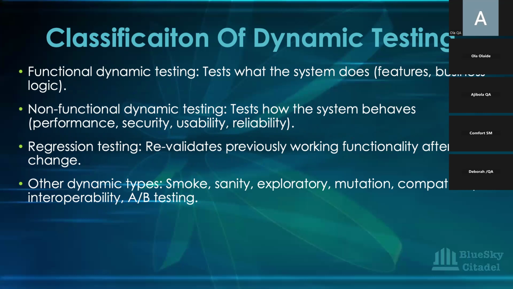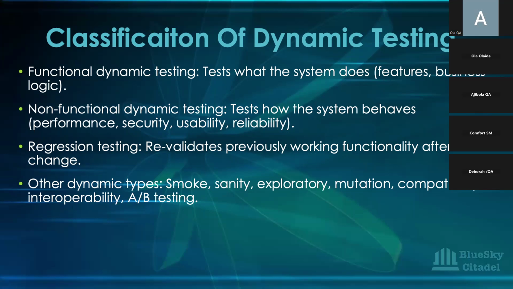The functional is what the system does, e.g., the features, the business logic. What you will really be testing throughout your whole 3 months is going to be functional testing. But we also have the non-functional side of things, which is how the system behaves.